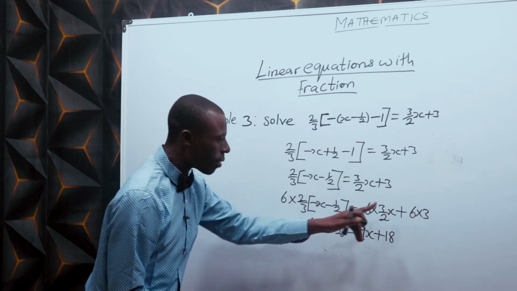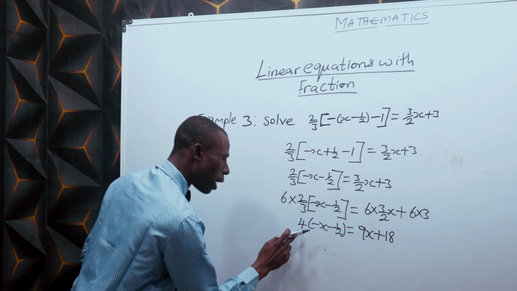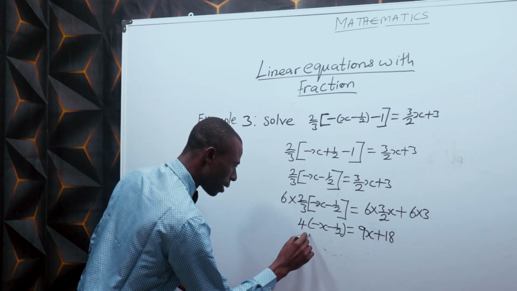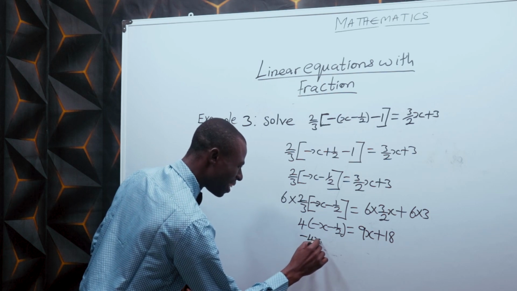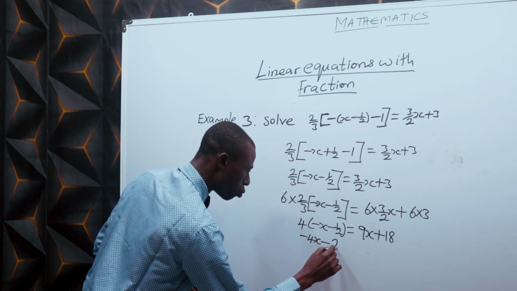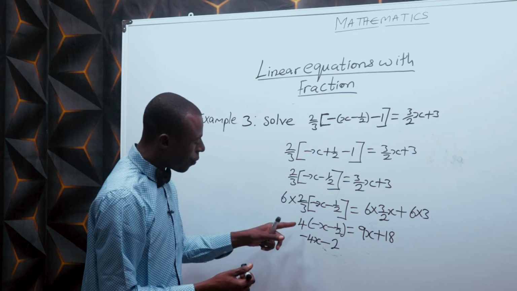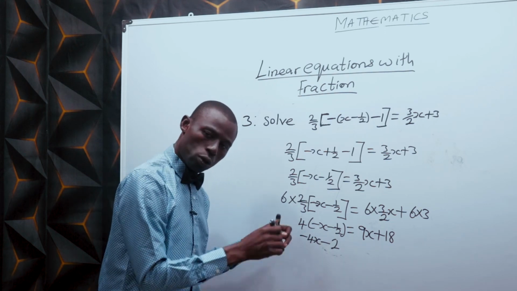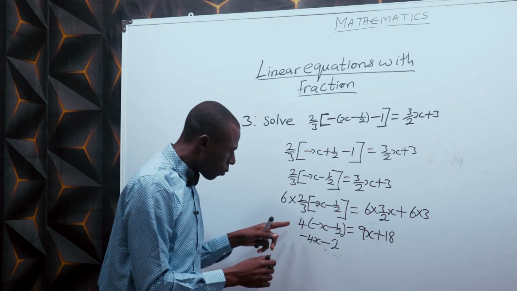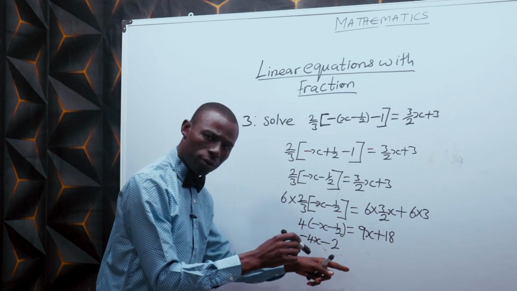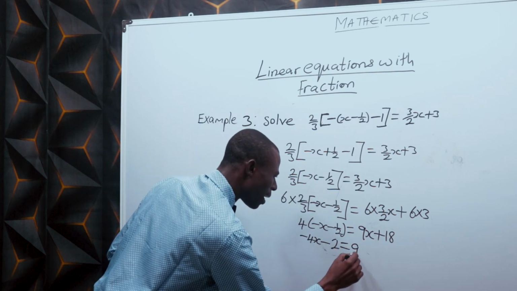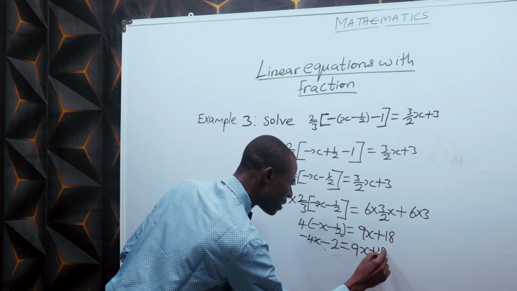Where do we get the 18? 6 times 3. Now use this 4 to open the brackets. This is negative 4x, negative 2. How? 4 times negative half gives negative 2, which is equal to 9x plus 18.